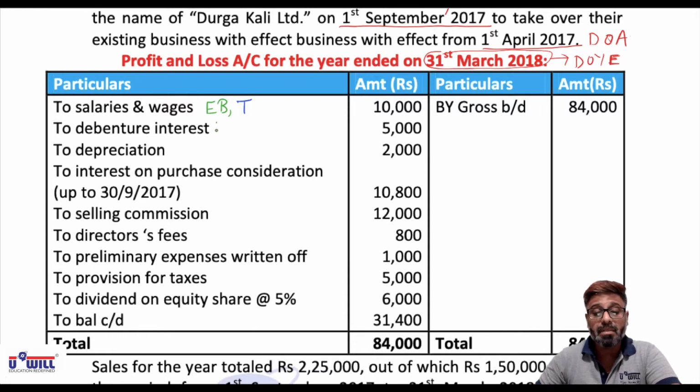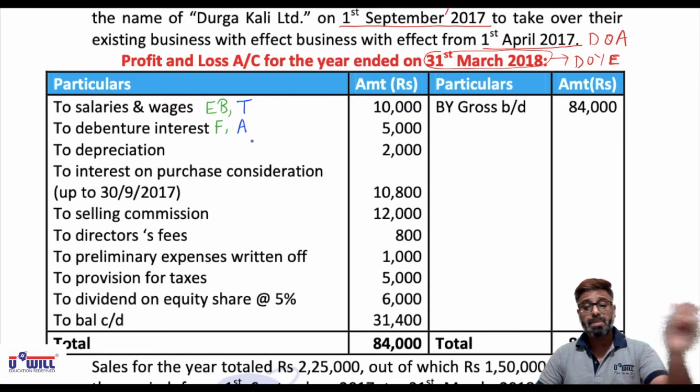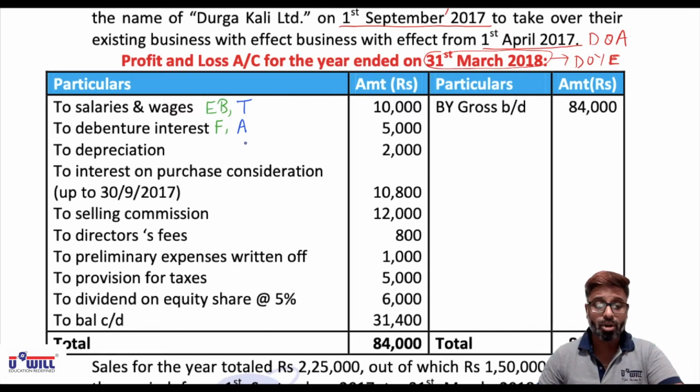Debenture interest will come in finance cost and will be taken on actual basis only in post-incorporation period. Advisably, you should first try the markings on your own, then play the video and verify whether you got them correct or not. Instead of just doing the markings and copying them in every lecture, try them on your own first.